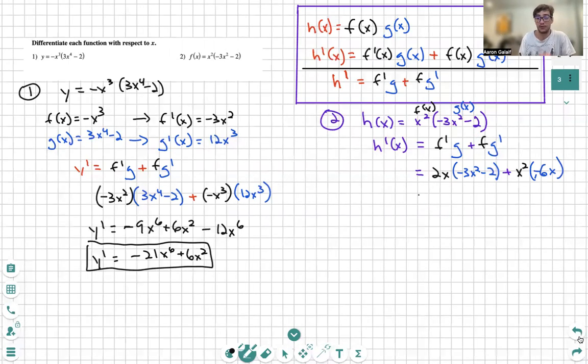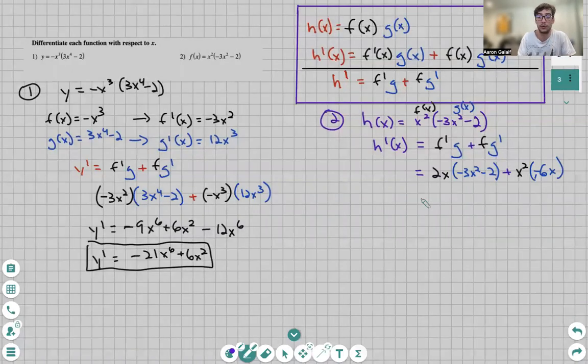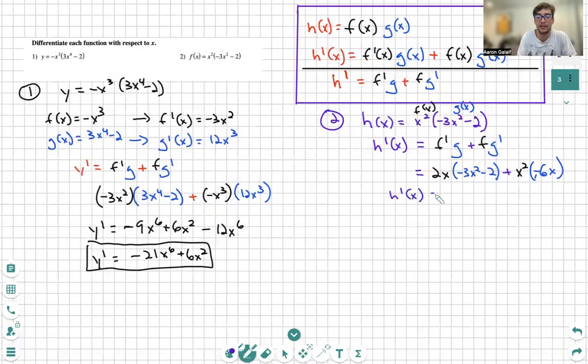We will then clean up. H prime of x is equal to negative 6x cubed minus 4x minus 6x cubed. Combine those, and negative 12x cubed minus 4x will be our final answer.